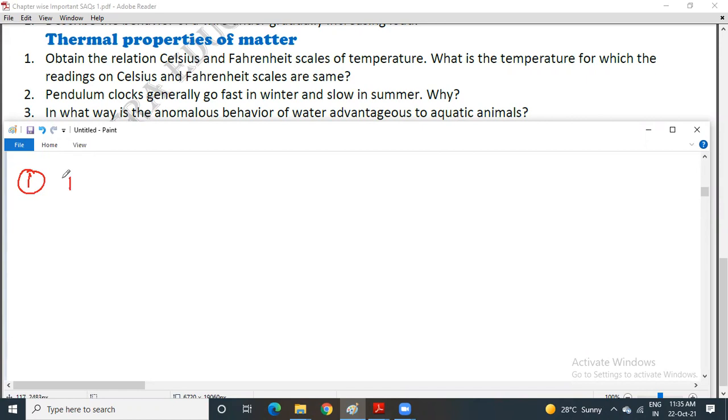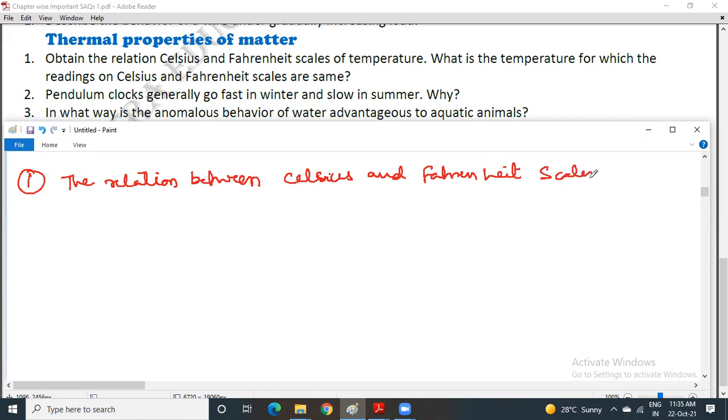The relation between Celsius and Fahrenheit scales is, so on the Celsius scale, lower fixed point is 0, upper fixed point 100, and again lower fixed point is 0.